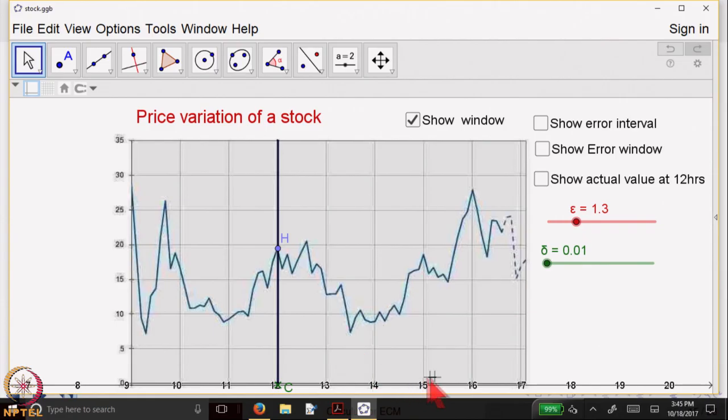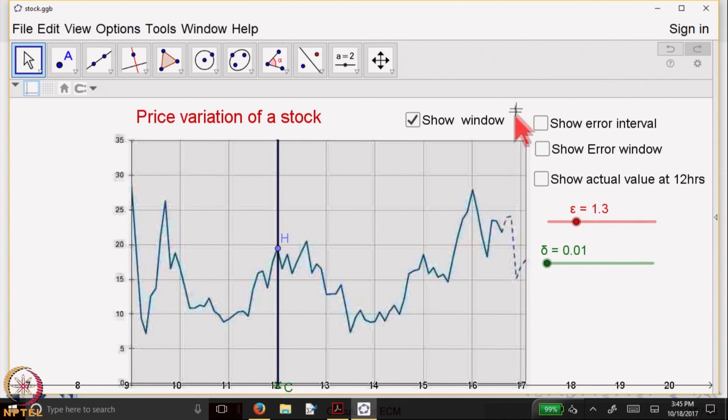So, I try to approach 12 o'clock from the left as well as from the right and see whether the values of the stock stabilize somewhere. If they do approach some particular value, then we can say that should have been the value given to the function, to that stock market price.